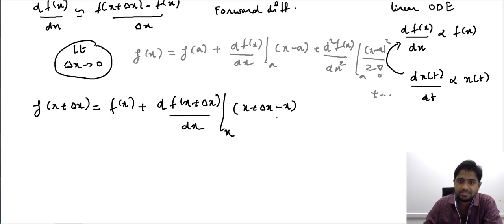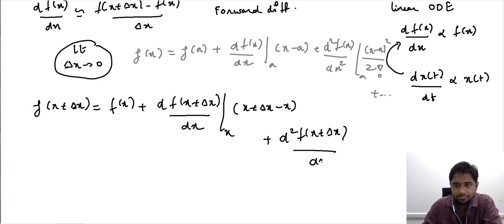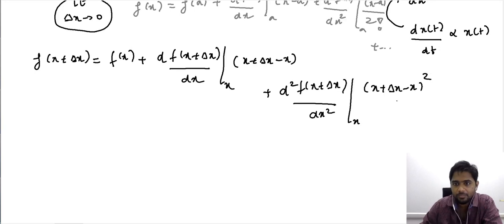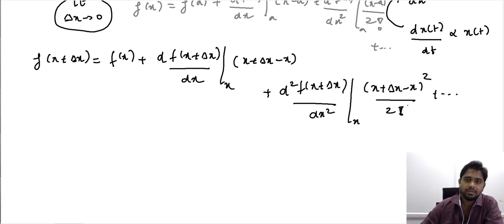The second term would be the second derivative at x, and the difference term would be of this form, the square of it, divided by 2 factorial, and so on and so forth. Now we can make this expression simpler.